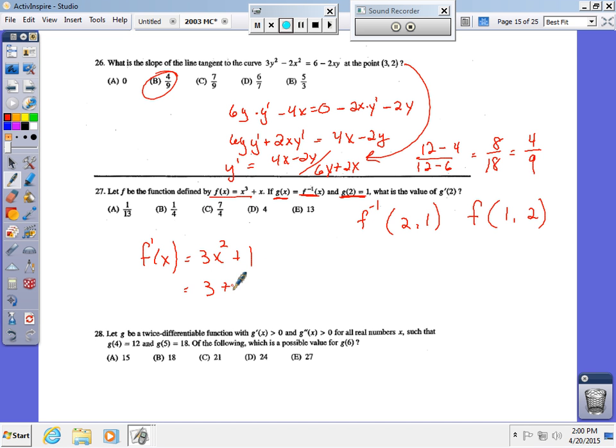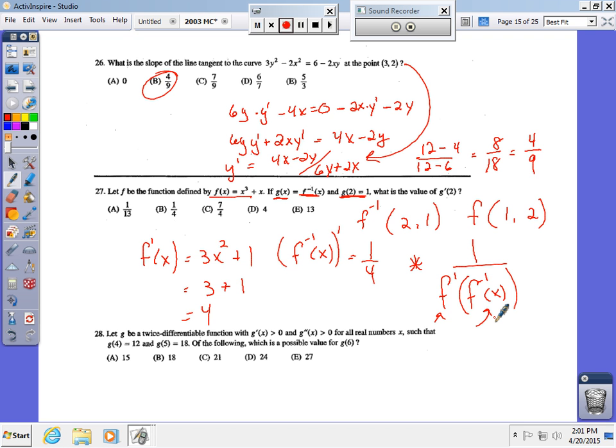So that'll be 3 plus 1, which is 4, and know that for its inverse, the derivative at that point 2, 1 would be the reciprocal of that, which would be 1/4. But also, please make sure that you know the formula for the derivative of the inverse. It's 1 divided by f prime of f inverse of x. Outside's the derivative, inside's the inverse.